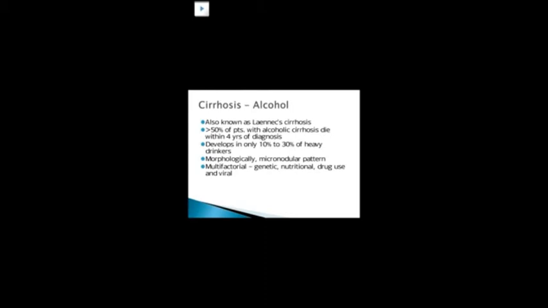It develops in only 10 to 30% of heavy drinkers. How much? 10 to 30% of heavy drinkers. Then what about the remaining 70% of heavy drinkers? They don't have it. Why? Could be their body type, or genotype, their genetics. No, you can't ask a question, sir. That fellow has drunk so much, such a high dose every day for the last 10 or 20 years, and he's still hale and healthy, so I want to do the same. No, you can't do that.